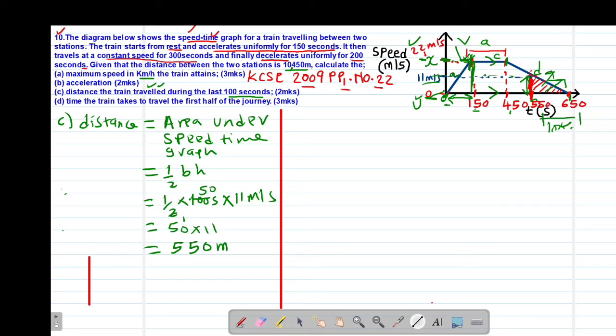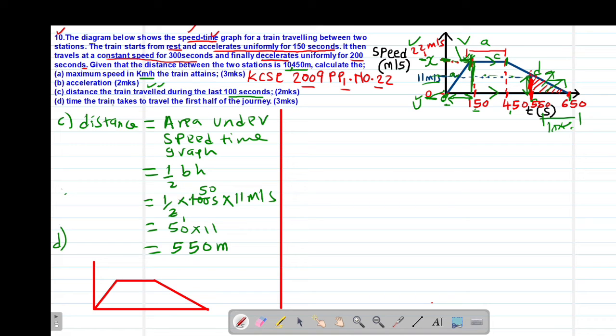We have the vertical line here, then we have this horizontal line here. Then we have our motion from this particular point, then from this point it becomes constant, then it moves to the remaining distance. Of course we are looking at part D of the question. So this is our diagram.